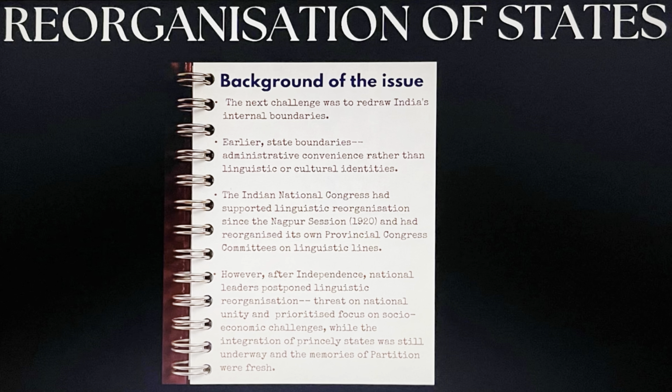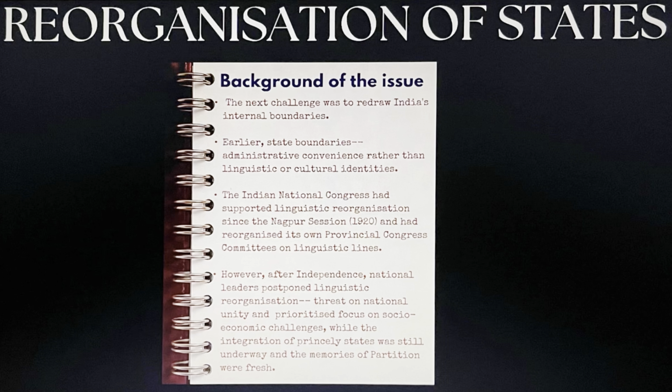And they tried to implement it by reorganizing their own provincial Congress committees, meaning even if officially in British records Hyderabad consists of present day Maharashtra, Andhra and Telangana, still in Congress records, people from the Telangana region would have a different Congress team. People from the Maharashtra region of Hyderabad would have a different Congress committee. This is how they had reorganized it within the Congress party.